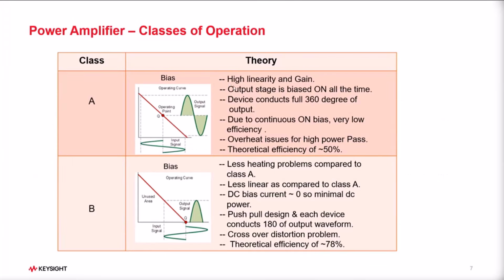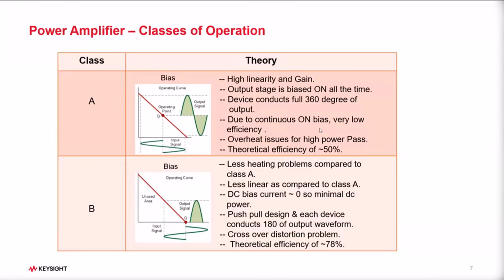Now, if you look at power amplifiers, there are many classes of operation. Again, I'm sure a lot of you are already aware of this, so I will not go into detail. But just for completeness' sake, we have class A, which we know is high linearity and high gain. The output stage is always on. That means it's conducting for a whole 360 degrees.